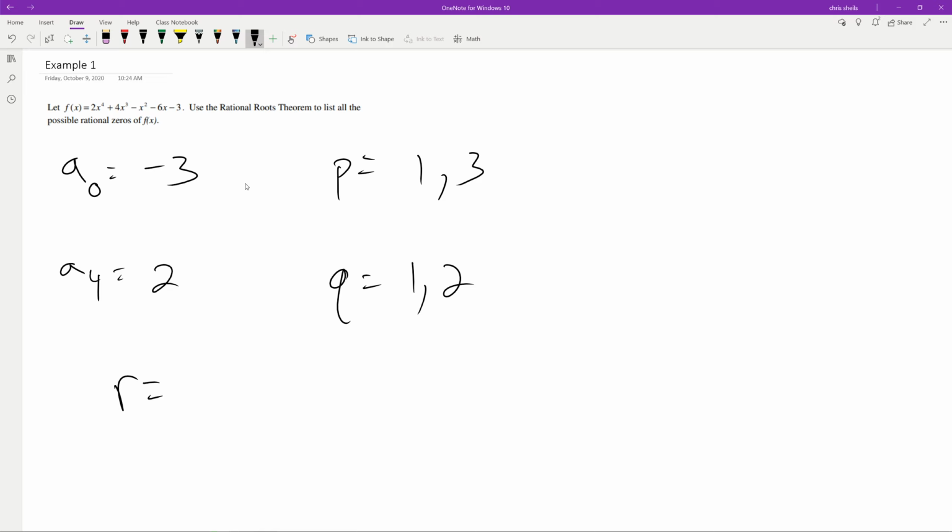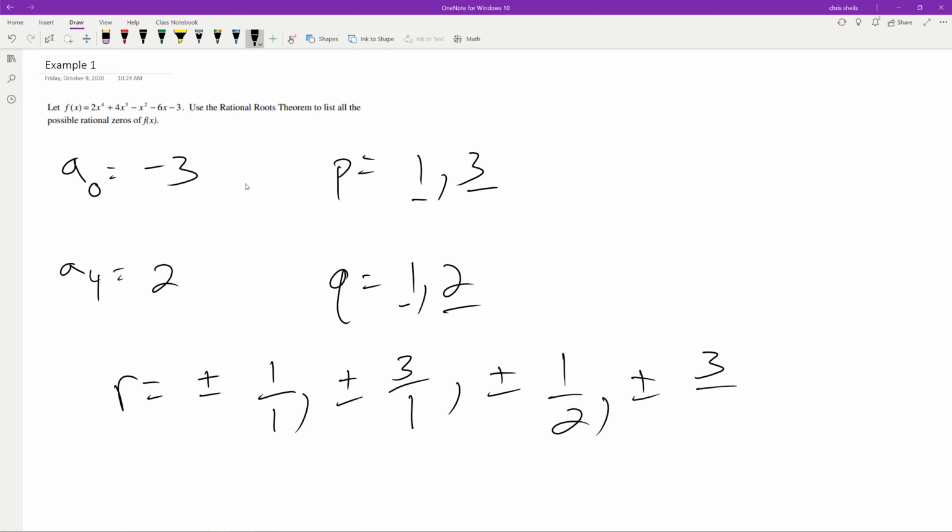This means that these possible rational roots are going to be plus or minus 1 over 1, plus or minus 3 over 1, plus or minus 1 over 2, and plus or minus 3 over 2.